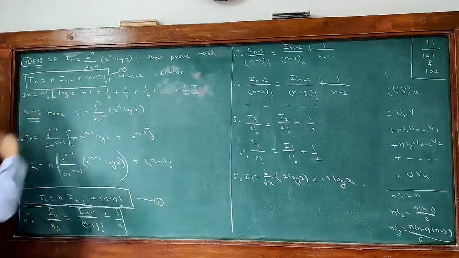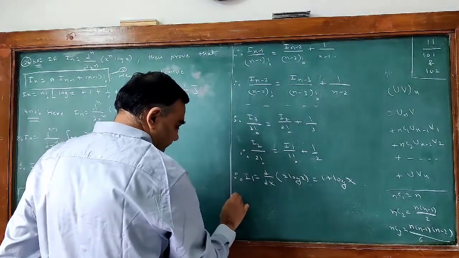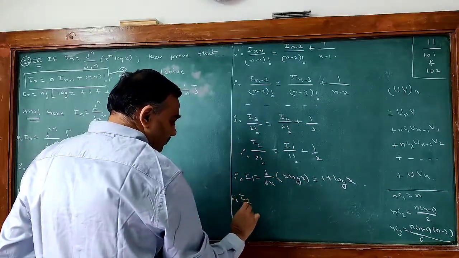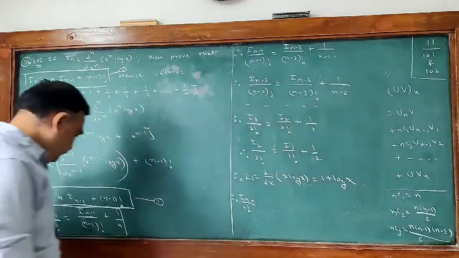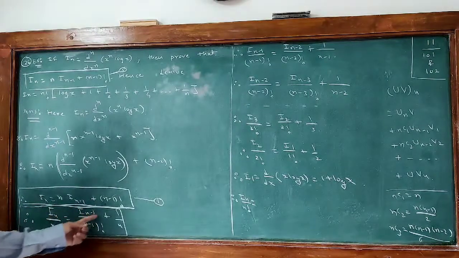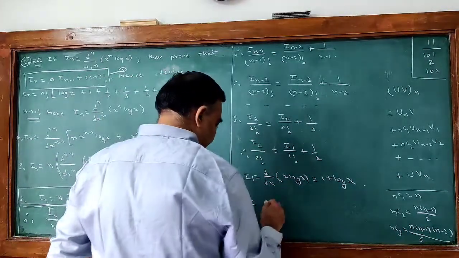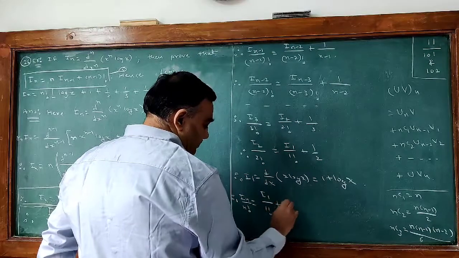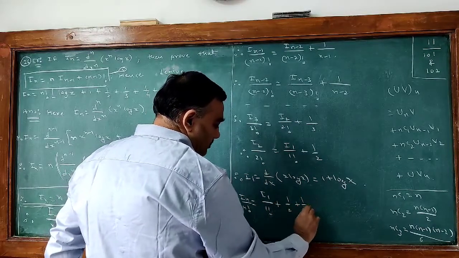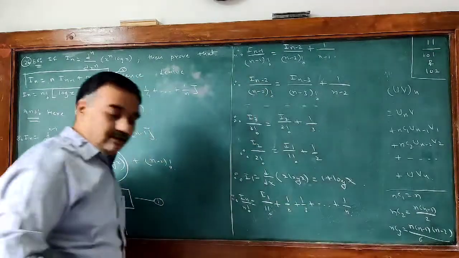And we want to find answer 2 also. I_n/n! is what? It is I_{n-1}/(n-1)! plus 1/n.